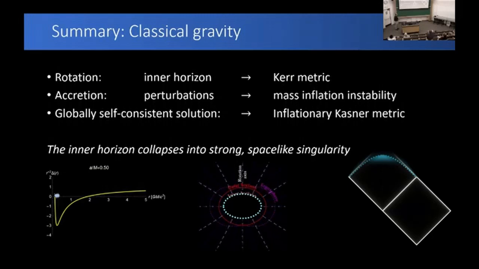And the result of this, if you have a full globally self-consistent solution, is that the inflationary Kasner model takes over. So the conclusion is that the inner horizon collapses into a strong space-like singularity. And so now we do have a model that looks like Kerr everywhere on the outside, but on the inside looks a lot more like the Schwarzschild solution.